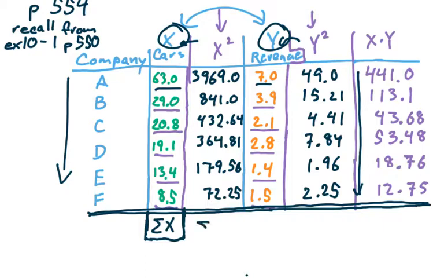Here, all of these values in this column are whatever we had for x squared. And the sum of all of those values is involved in the formula. Likewise, we've got the sum of all of the y values.